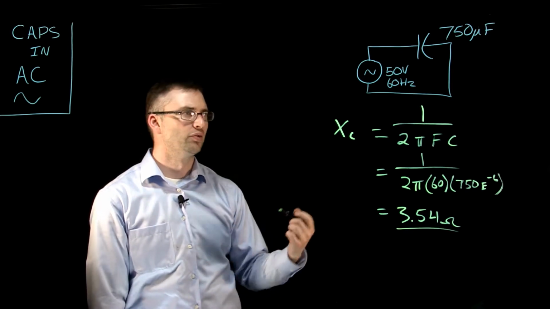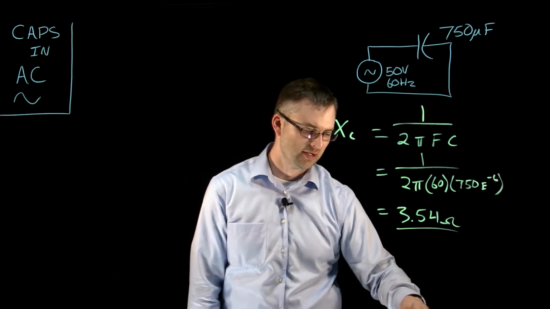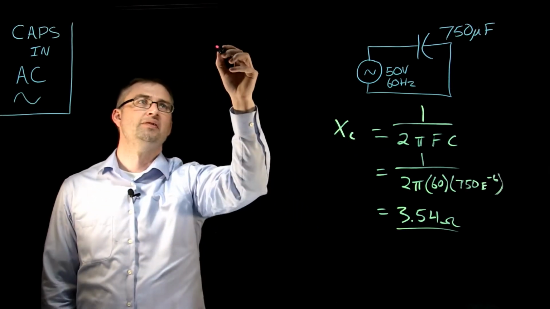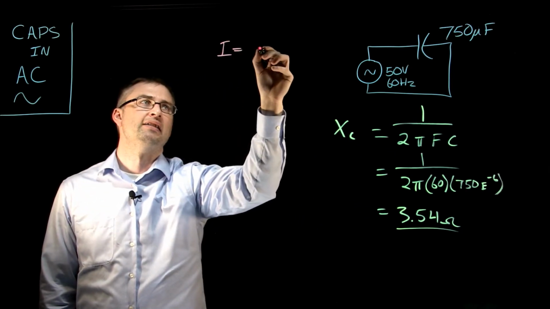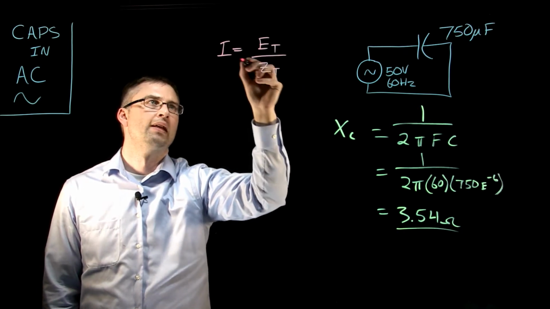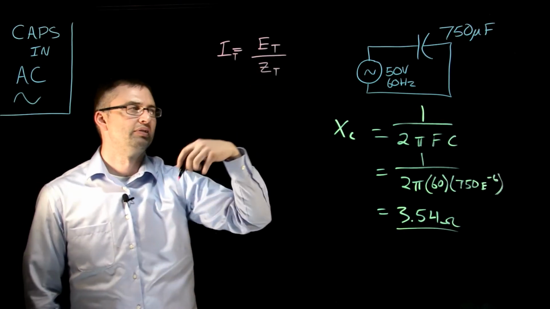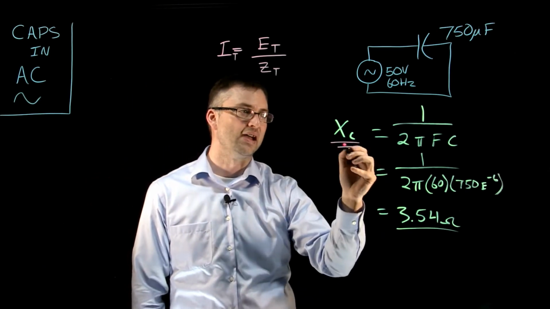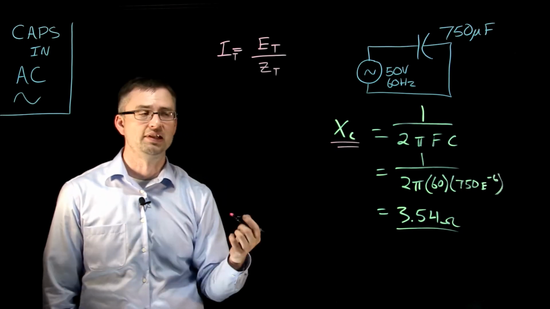All right, so what we want to do then is figure out what is going to be the current that's going to flow in this circuit. So we can figure that out with I is the E total over our impedance total. So that would be I total, E total over Z total. And in this circuit we only have XC, so that is our Z total, our impedance total.